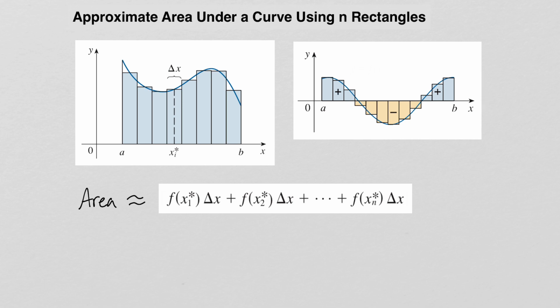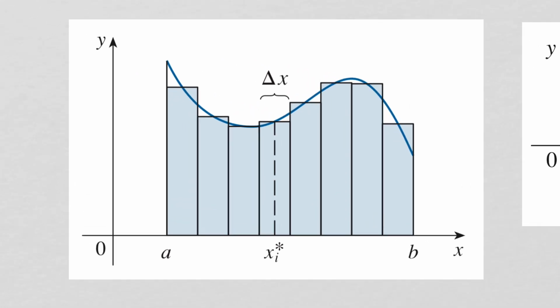Now, previously, we have discussed getting the height of the rectangle by using the left or right endpoint. But actually, you don't have to use the left or right endpoint. You can use any point in that subinterval. So, for example, you can see here in the picture that the height of the rectangle is located here, and that corresponds to some x value on the x-axis that I'm going to call x1 star.